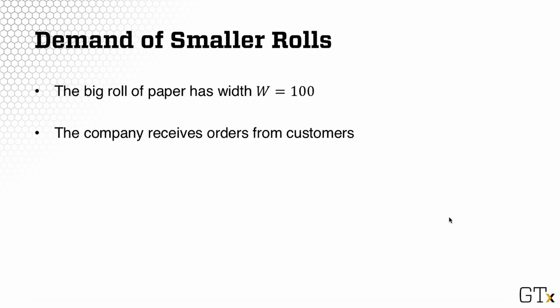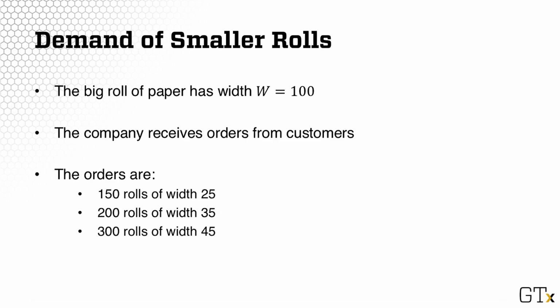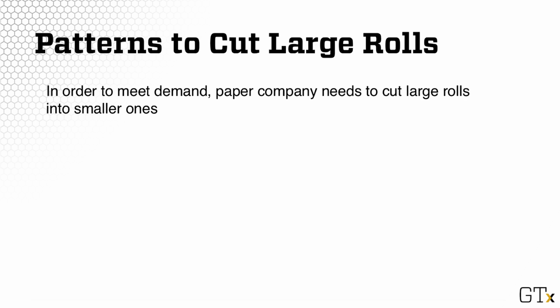In other words, the order is determined by a one-dimensional parameter, the width, and how many such rolls. All right, so the company needs to cut. That's where the name cutting stock comes in. We're cutting the stock of big paper rolls.